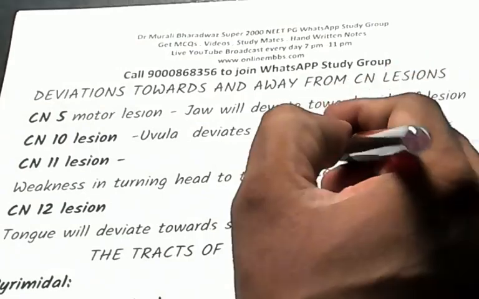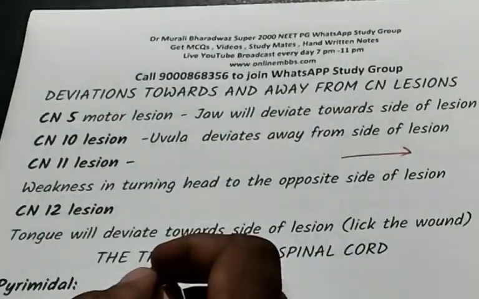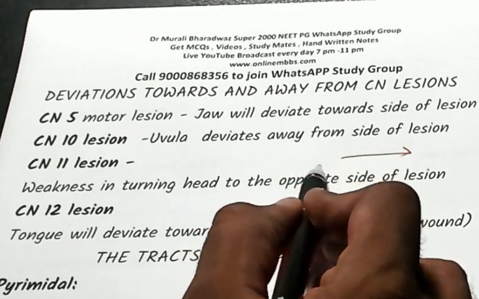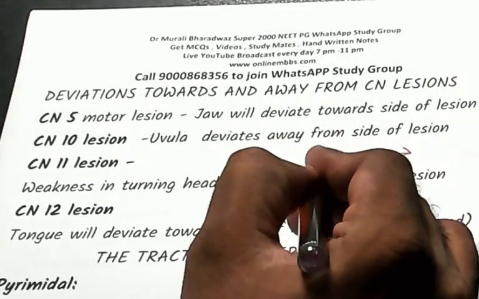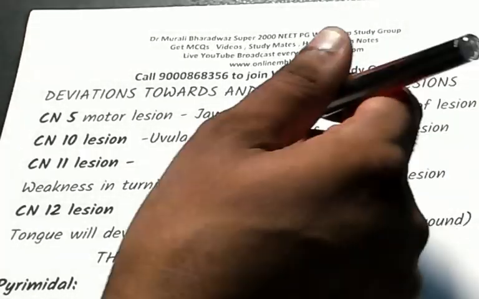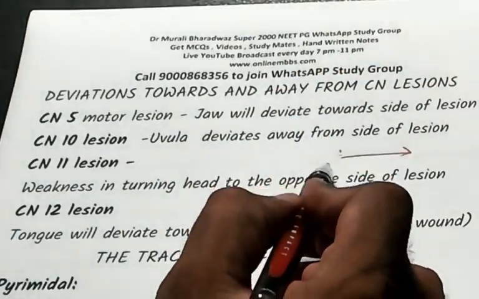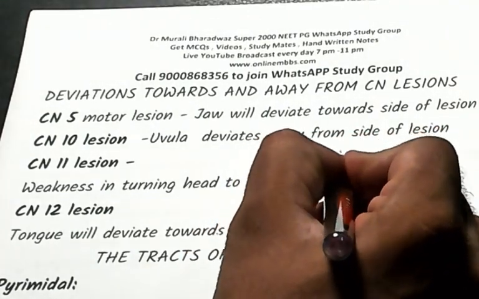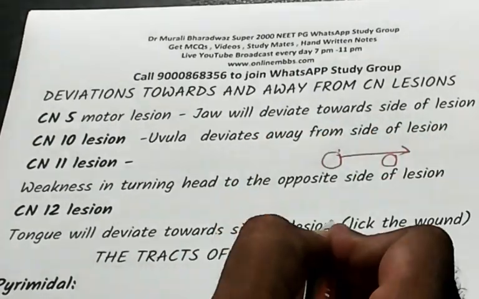Obviously, normal function of the muscle is to push. If that particular side got affected, then the normal side will push towards the side where the lesion is. Suppose this is one side, this is one side.